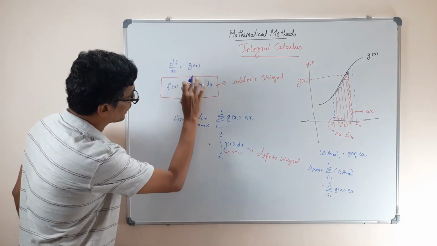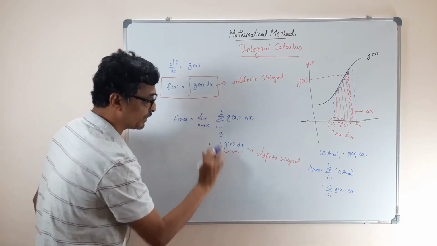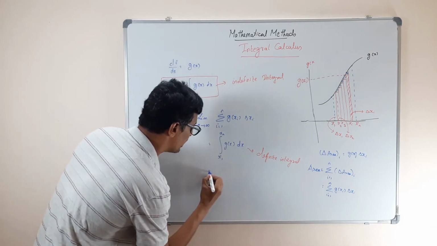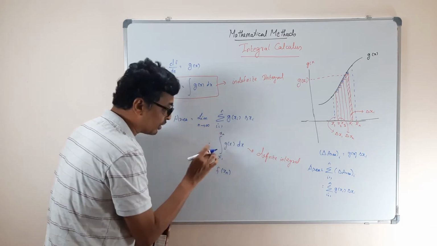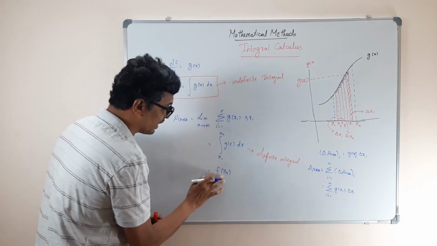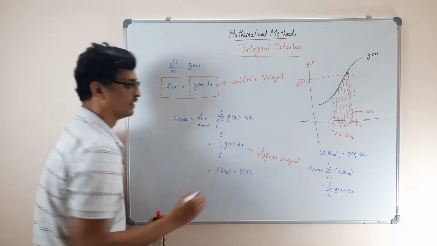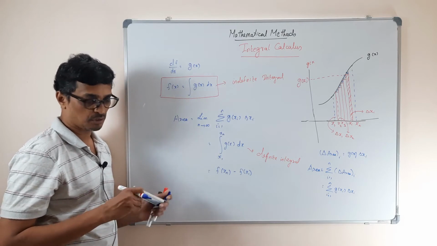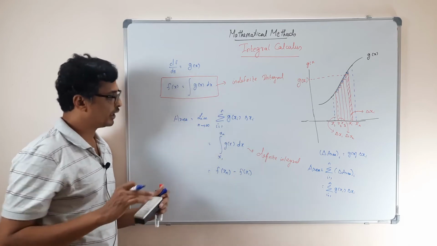So integration of g of x from x1 to xn will be equal to f of xn minus f of x1, with upper and lower limits. We call them the limits of the integration. This is how a definite integral calculation is done. So this is all about integral calculus.